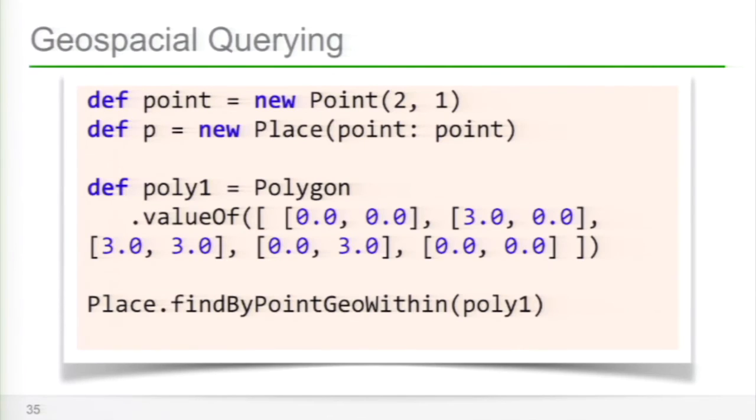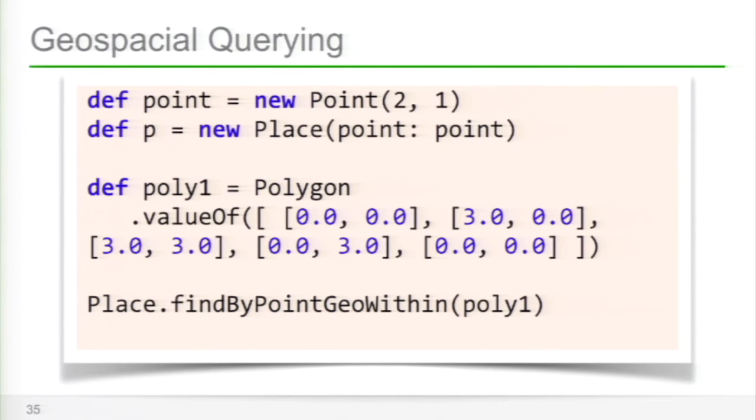And basically, you can do some pretty fancy geospatial querying. So for example, you can create a point and persist a particular place that lives at that point. That could be latitude, longitude data. In this case, it's just random data. And then you can create polygons. Trust me, that's a polygon.